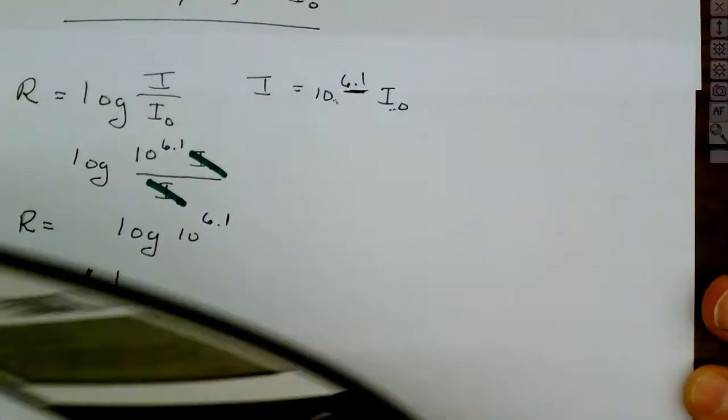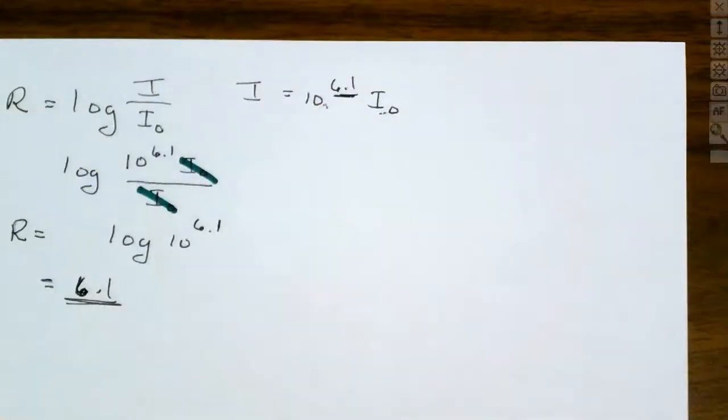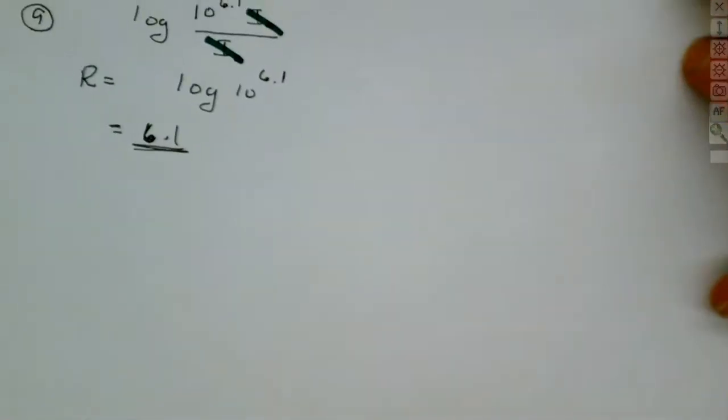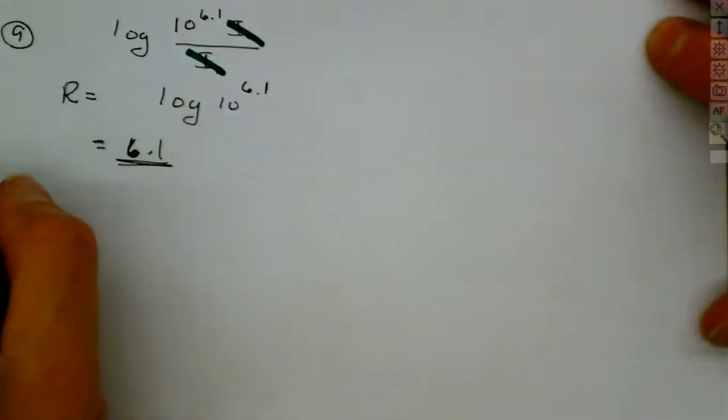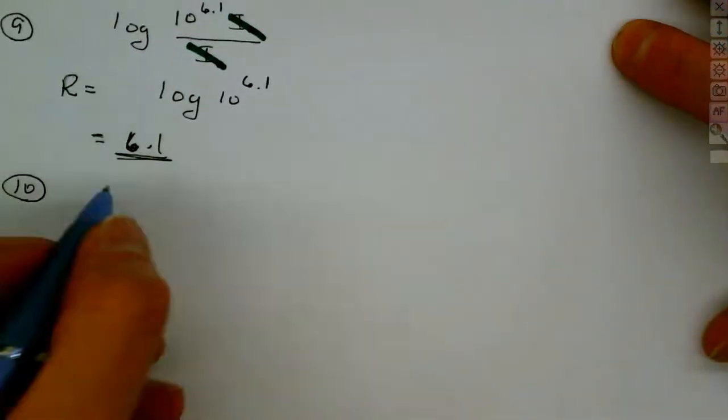So is everyone okay with how I did that? Now, when we talk about the decibel scale, the decibel scale is going to be done the same way. A different formula, slightly different. We're going to look at the decibel scale.